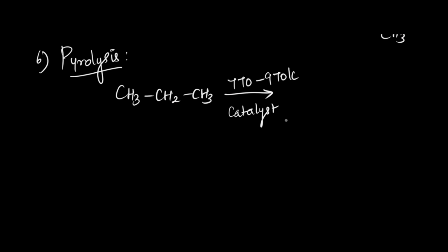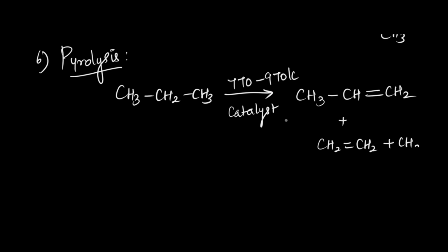Any catalyst you can use to speed up the reaction. What will happen? Elimination is happening over there to give different alkenes. For example, three carbon as propene, and you can get ethene as well, methane as well, and hydrogen as well.